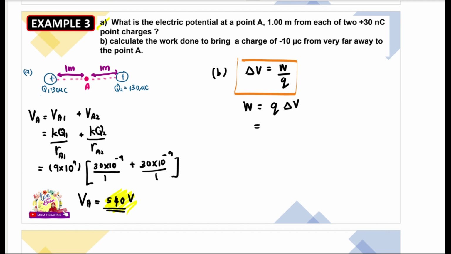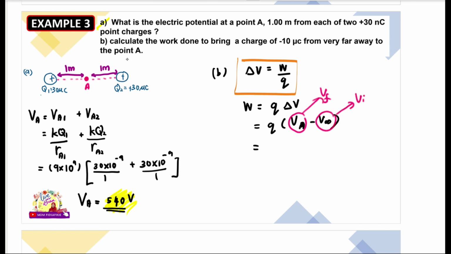So kita kira lah. Dia daripada far away, so we consider infinity to point A tadi. Okay, so Q times final, VA minus V infinity. Okay, so ini adalah V final minus V initial.